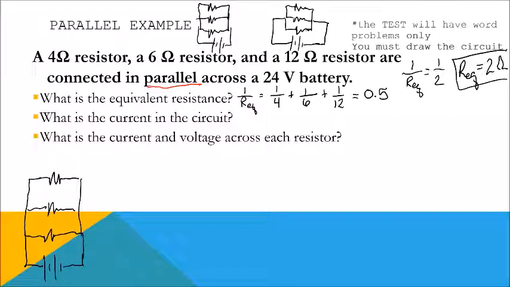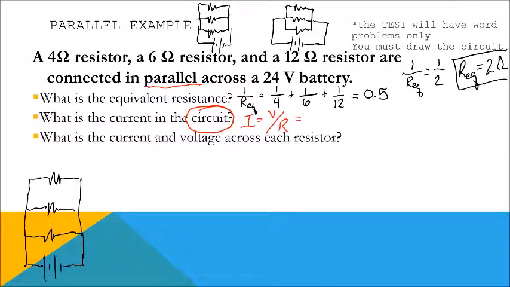What about the current in the circuit? So in this case, for the entire circuit, we still need to calculate the current. So current equals voltage divided by resistance.